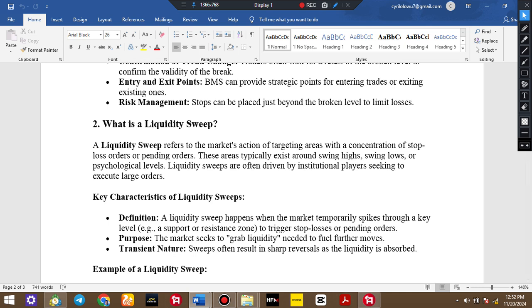A liquidity sweep refers to the market's action of targeting areas with a concentration of stop loss orders or pending orders. This area typically exists around swing highs, swing lows, or psychological levels. Liquidity sweeps are often driven by institutional players seeking to execute large orders.